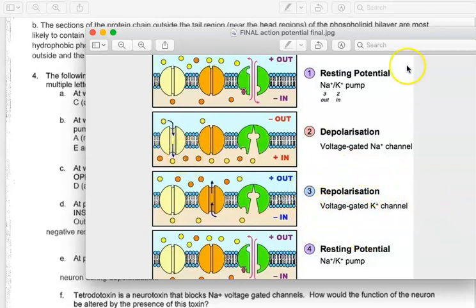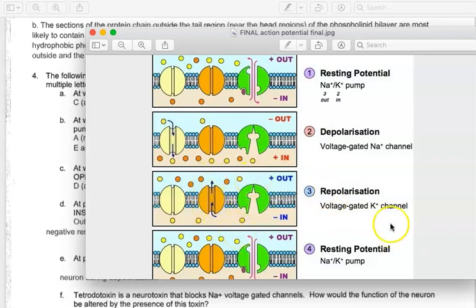Once the action potential has been fulfilled and the signal has been carried, now you want to repolarize. You want to go back to your resting potential. To repolarize, you need to get the inside to be negative once again. To do that, you're going to let go of some positive charge to the outside, and this is through a voltage gated channel of potassium, which allows it to exit.